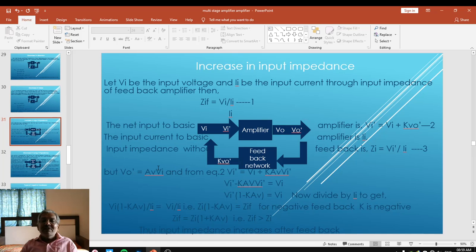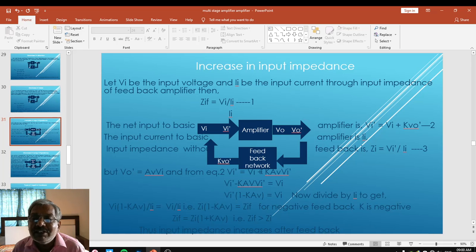Now we replace Vo dash by Av into Vi, so that equation 2 becomes Vi dash is equal to Vi plus K into Av into Vi dash.